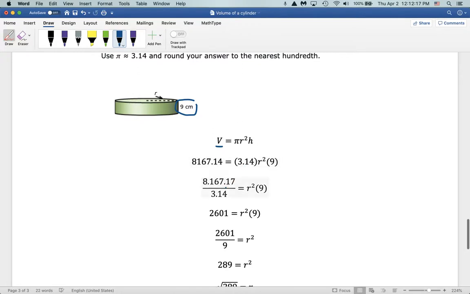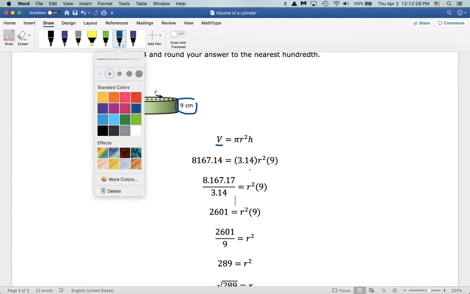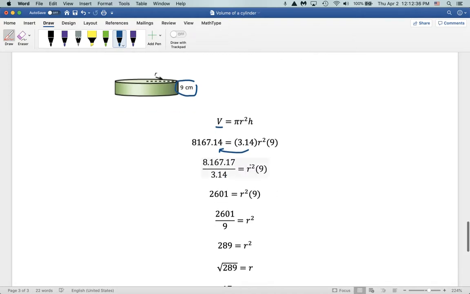Now the first step I do is get rid of this 3.14. I divide both sides by 3.14, so it's dividing over to this side. I brought it over by division, and so it's gone from the right.